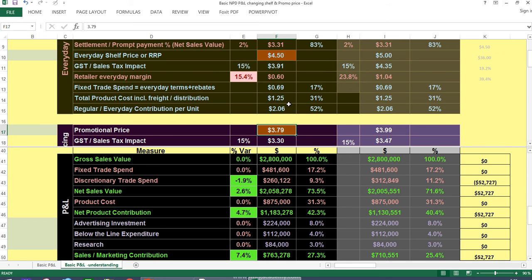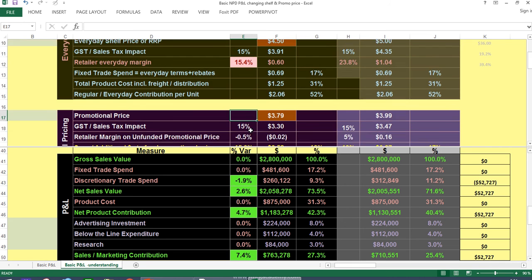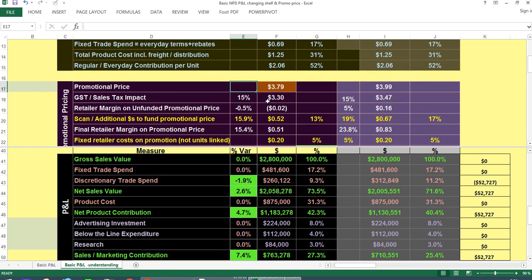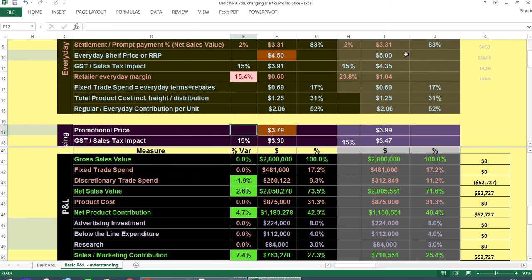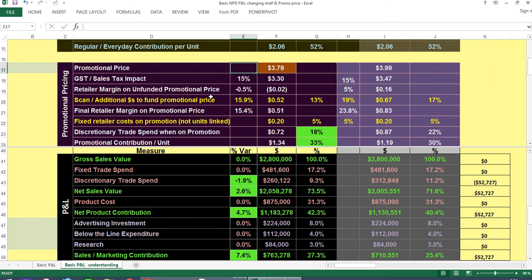Let's have a look at what happens when you don't change anything else and simply change the shelf pricing. Gross sales remains the same, essentially because we haven't changed the units or the list or wholesale price yet. Discretionary trade spend comes down, because we are now discounting from $4.50 to $3.79 rather than $5 to $3.99.